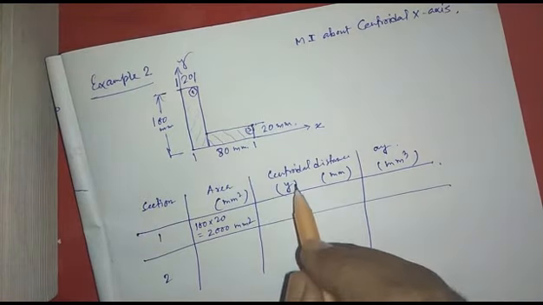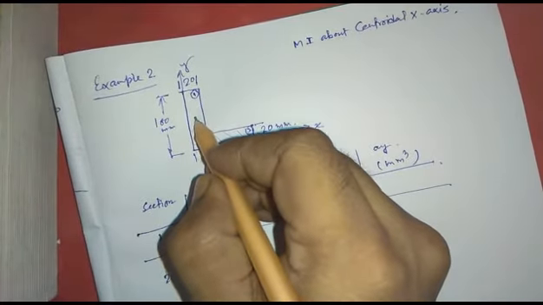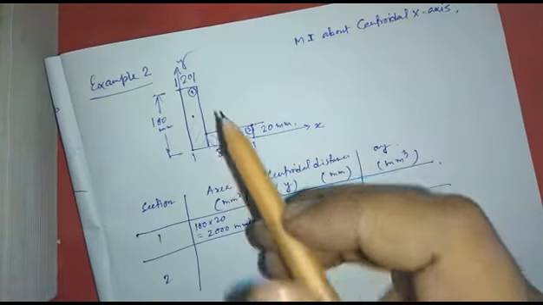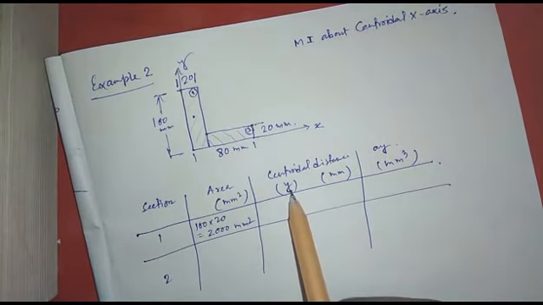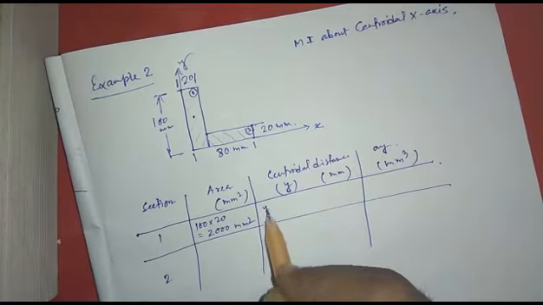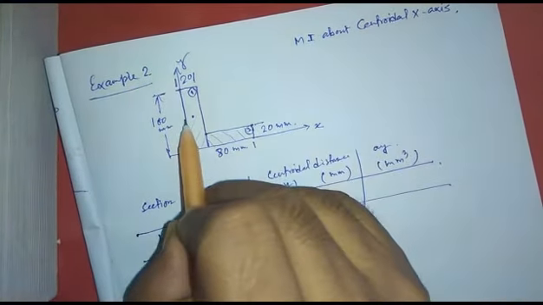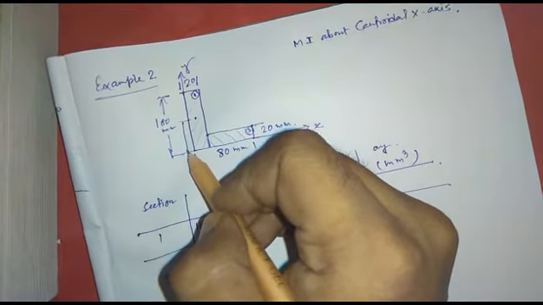So it is better you take the axes along this base or this side. So what is the centroidal distance? This is the centroid of section 1. So the distance from x is basically our y, that is y1. How much is this one?